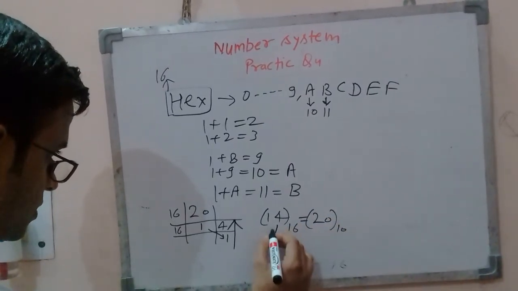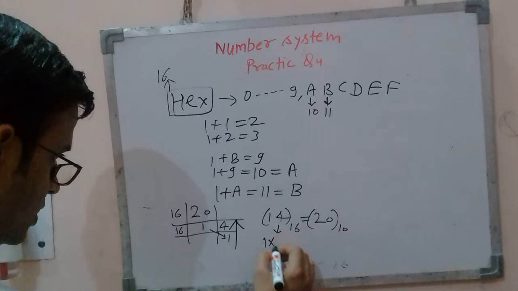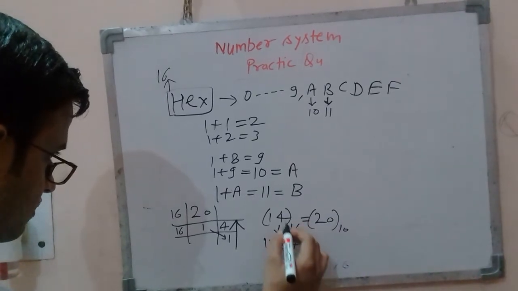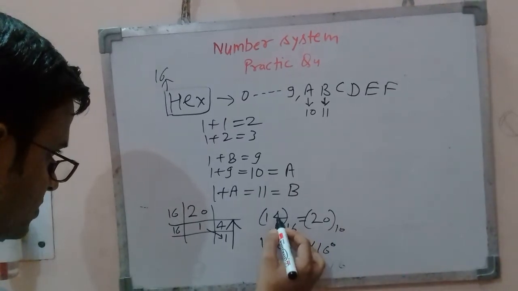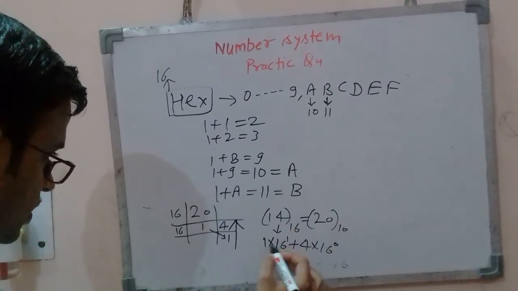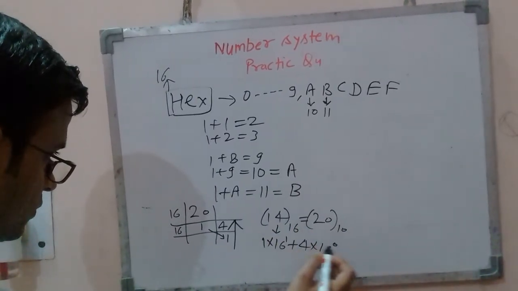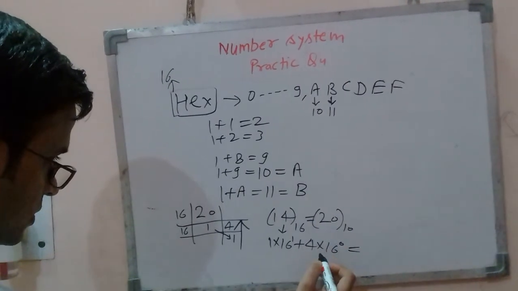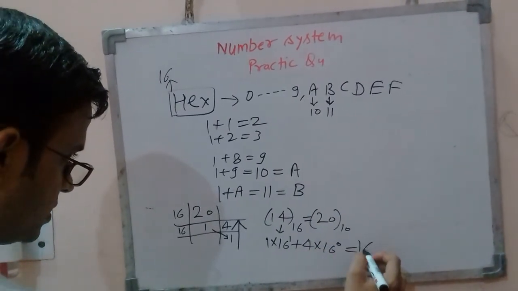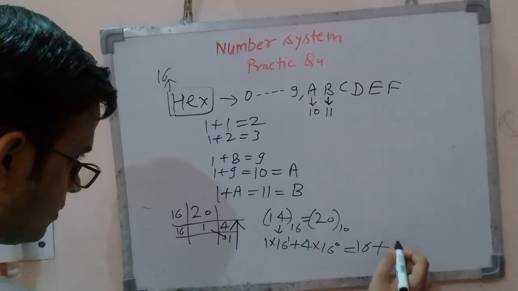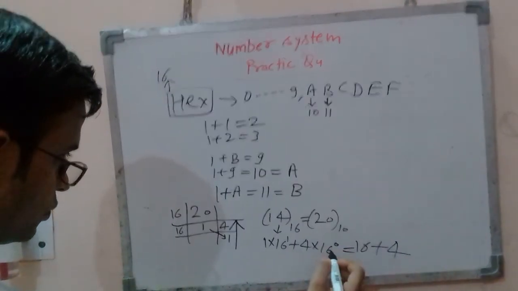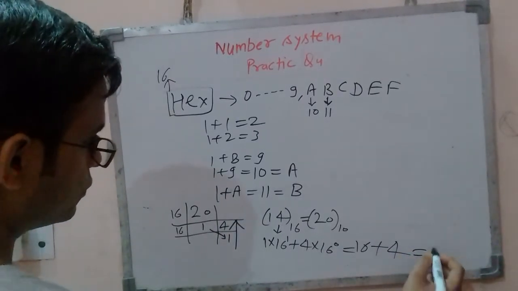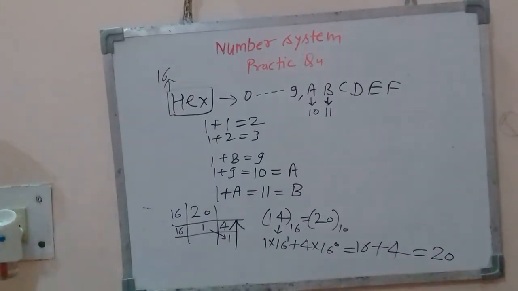See how? 1 into 16 to the power 1 plus 4 into 16 to the power 0. This is the LSB, this is the MSB. So this becomes 16 and this is 4. Any number to the power 0 is 1 only. So 4 into 1 is 4. So this becomes 20.